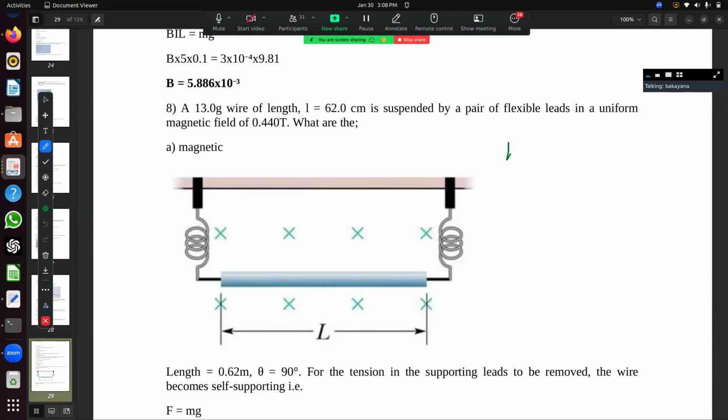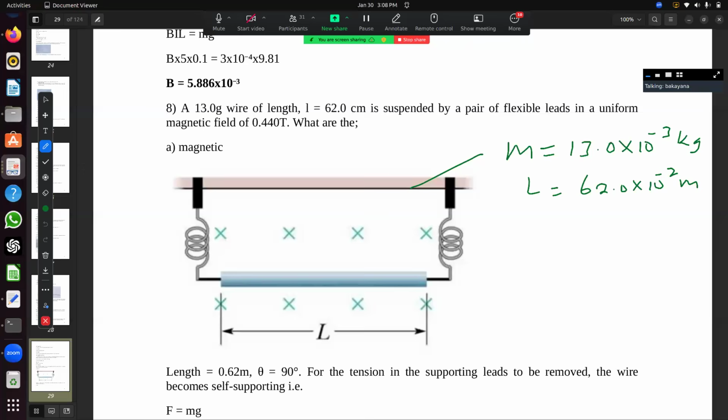The mass of this wire is 13.0 grams, which we can convert to kilograms by multiplying by 10 power negative 3. Its length is given as 62.0, which we can convert to meters. It is suspended by a pair of flexible leads.